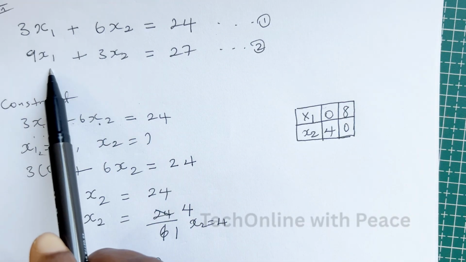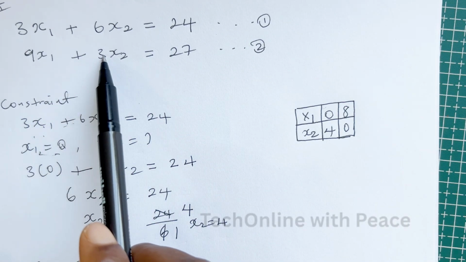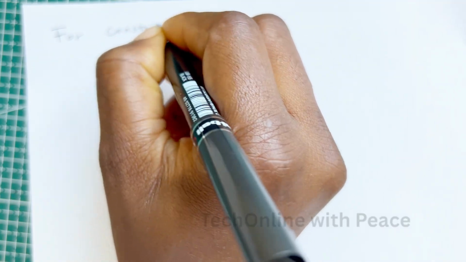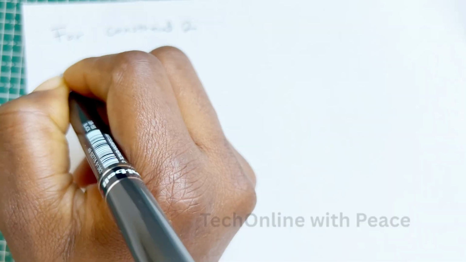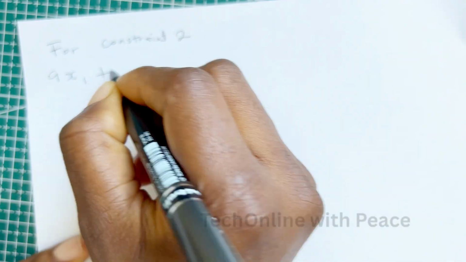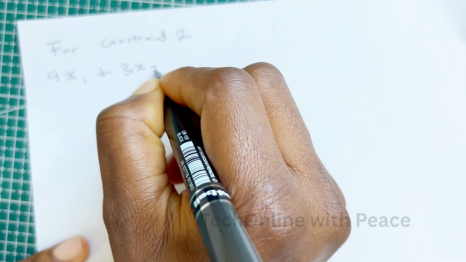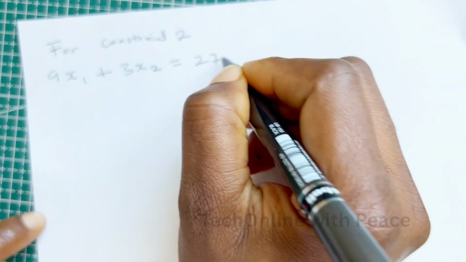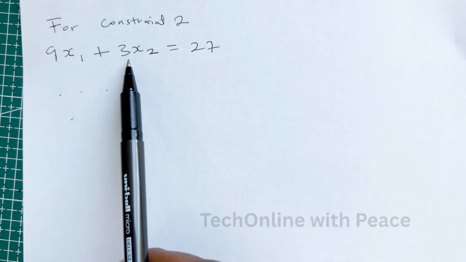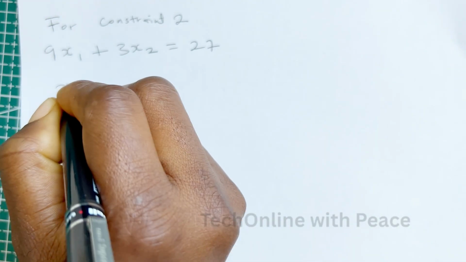So this is our constraint 2, 9x1 plus 3x2 equals 27. For the second constraint, we have 9x1 plus 3x2 equal to 27. In this question, we consider when x1 is 0, what will be the value for x2?